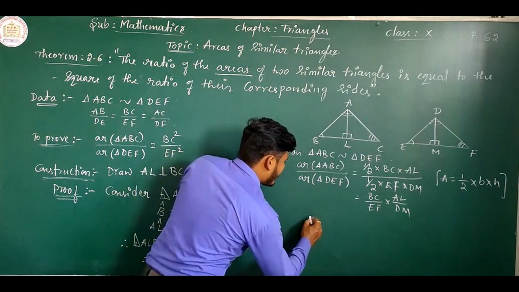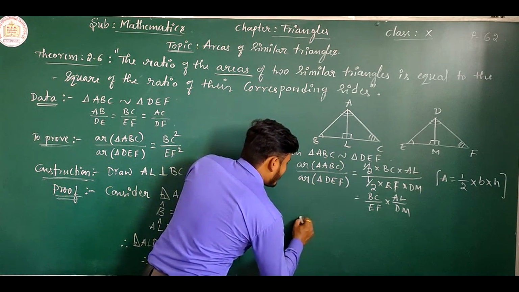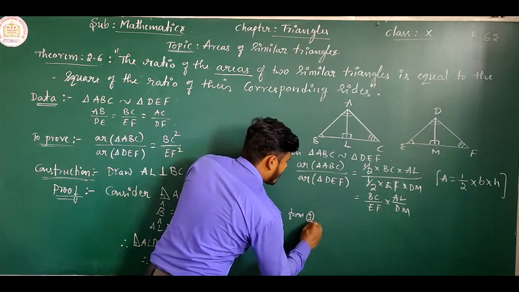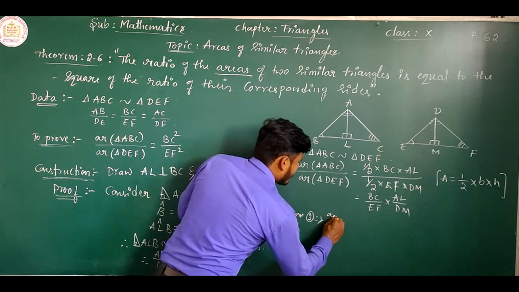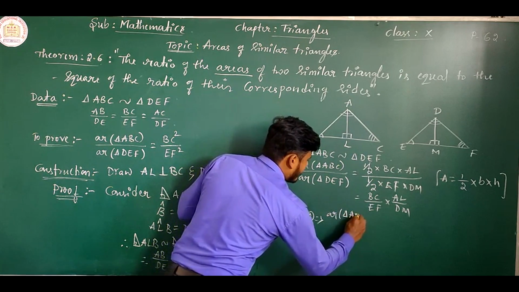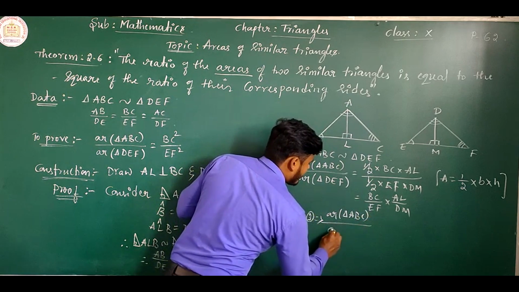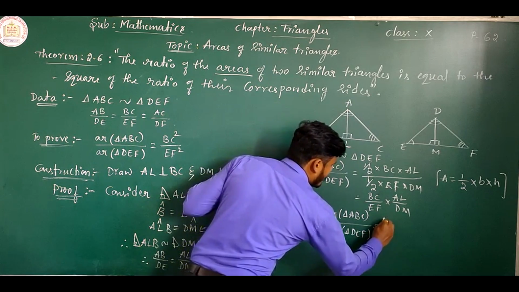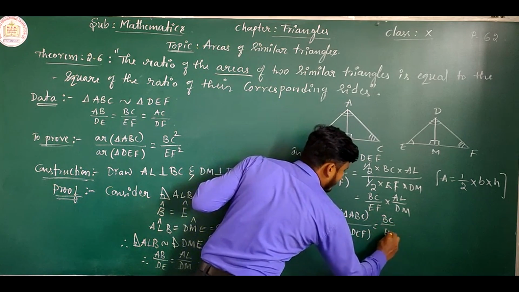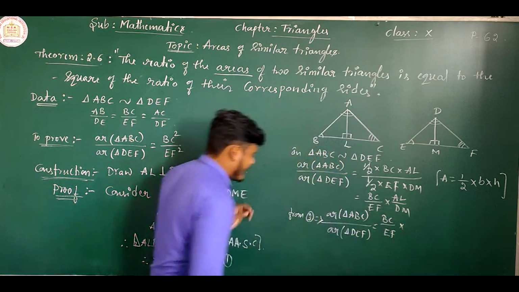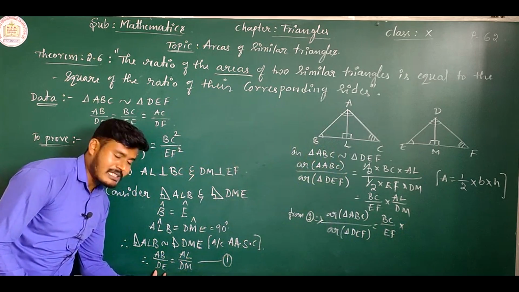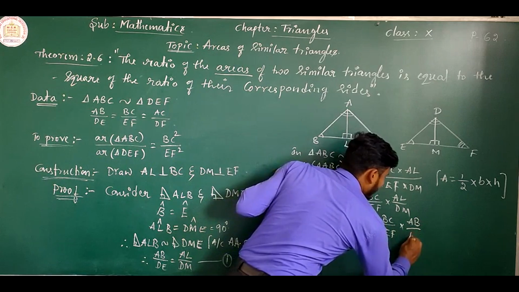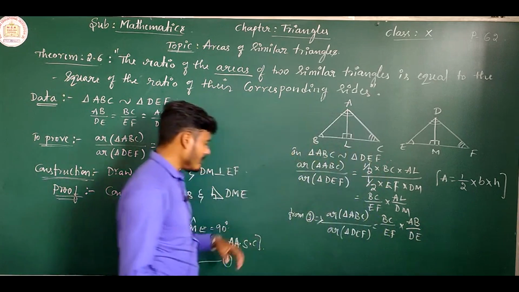So you just write down here from equation number 1, we get area of triangle ABC divided by area of triangle DEF is equal to BC divided by EF into, here you just write down AL by DM as AB by DE, right?